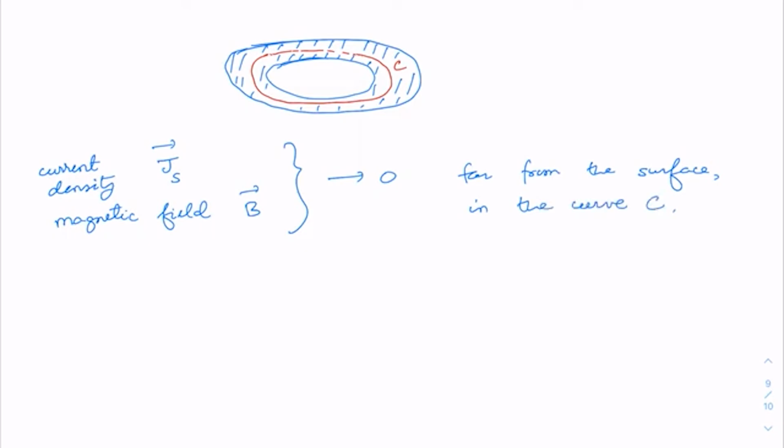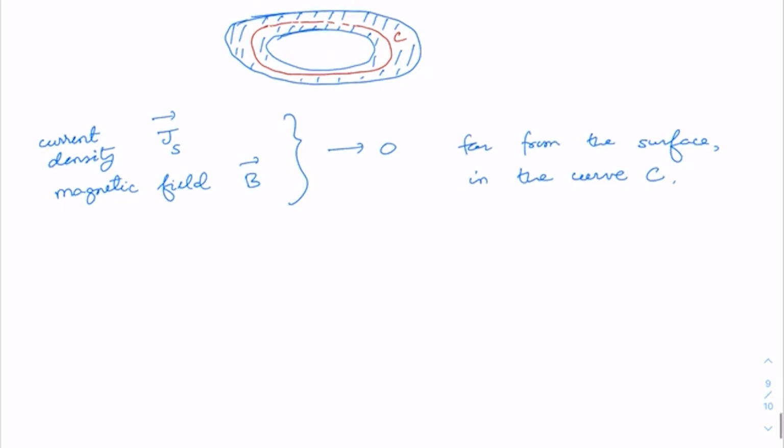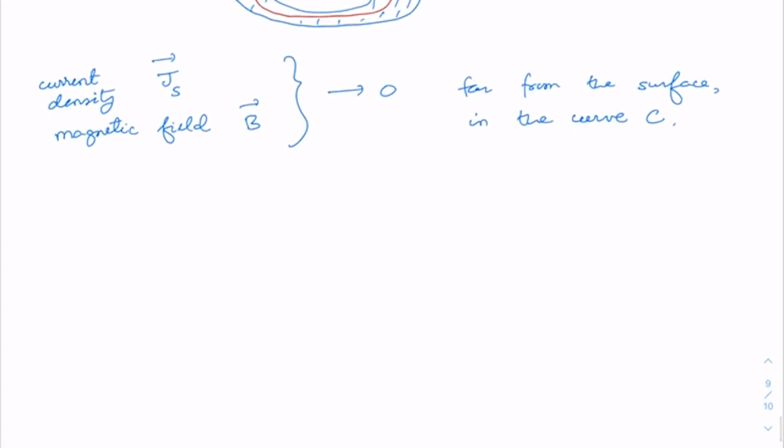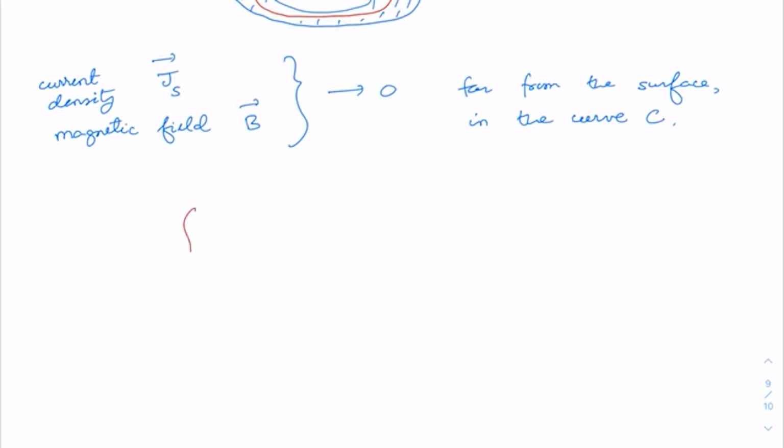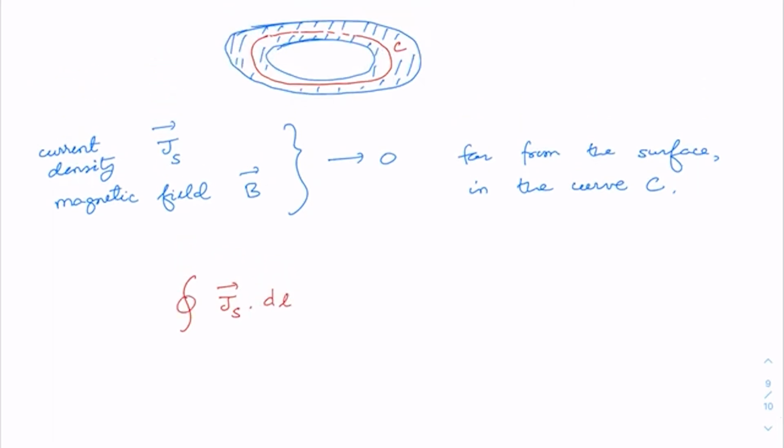So this condition implies that the integral of this current density around this closed curve is going to be equal to 0.